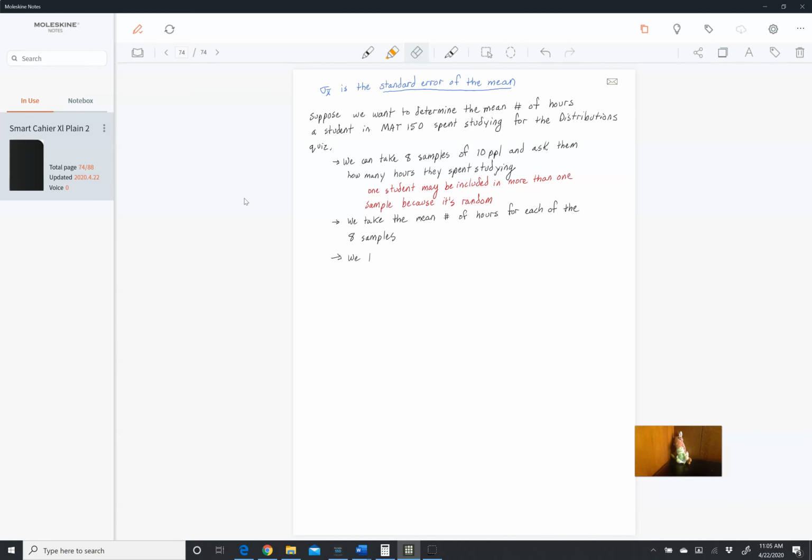Then we take the mean of those 8 numbers. So in this step, we're taking the mean of the 10 numbers, whereas in this step, now we have a mean for each sample, and we're going to take the mean of all of those. This is what gives us the mu x bar, okay?